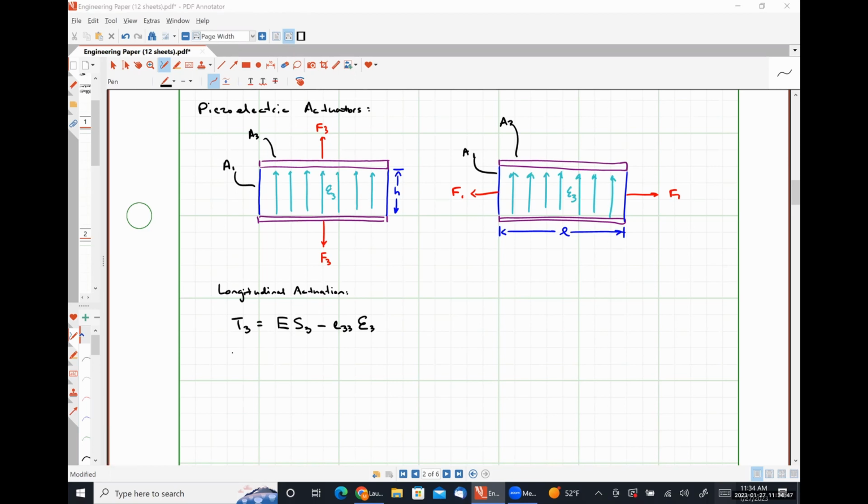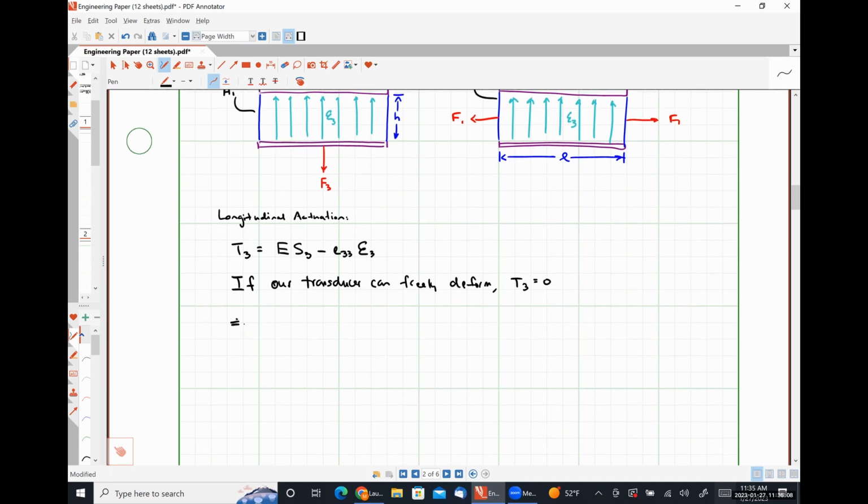So if our transducer can freely deform, then T3 will be equal to 0. And as a result of this, our mechanical strain or mechanical stress total, must be equal to the electrical contribution. Okay.